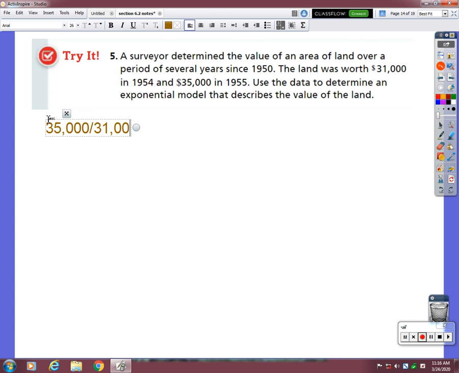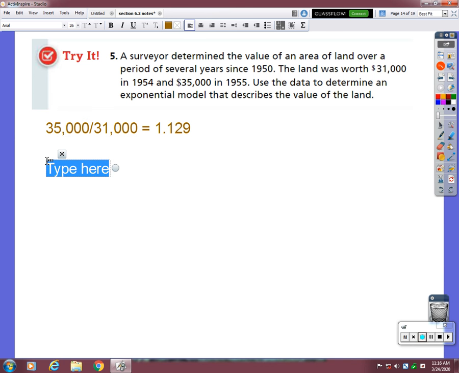If I divide those two numbers, that tells me what it's multiplying by every time. So 35,000 divided by 31,000 is 1.129. So if this pattern continues at exactly the same rate, then my multiplier would be 1.129.